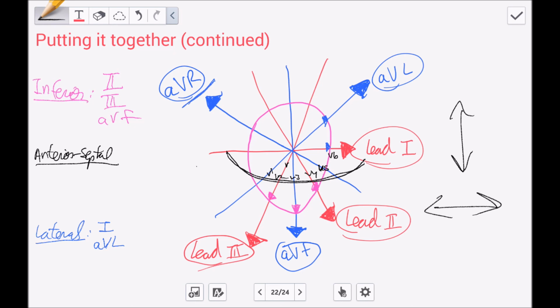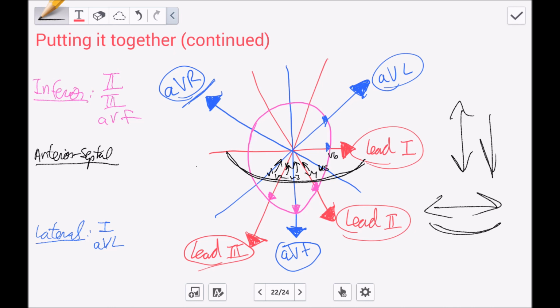So as we can see, V1, 2, 3, 4, 5, and 6, they look at the heart from the anterior part, right? It looks at it from that plane of view, like this. It does not look at it up and down. So V1 is actually looking at the heart like this. If you can just switch your mind, and instead of pretending that these arrows are looking up, we're looking from the front into the heart.